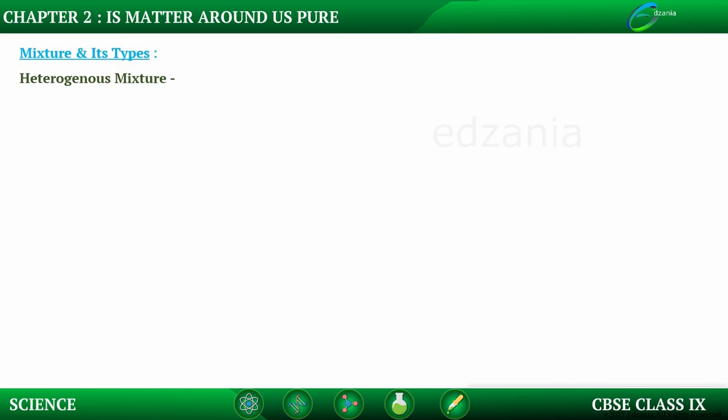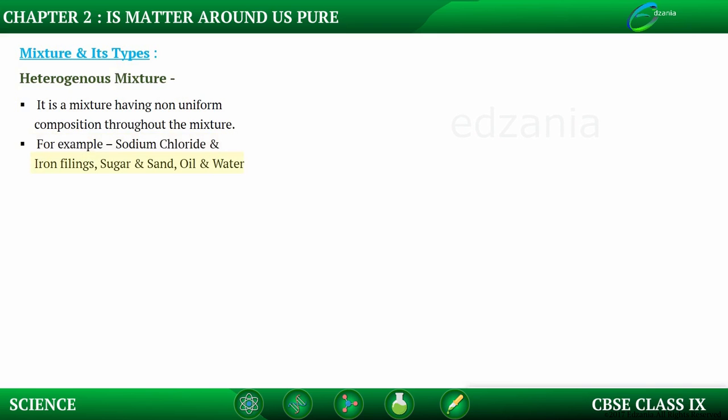Another type of mixture is heterogeneous mixture. A mixture is said to be heterogeneous if it has non-uniform composition throughout the mixture. That is, it contains material that remains separated in it. For example, sodium chloride and iron fillings, if they are mixed together, then they form a heterogeneous mixture.